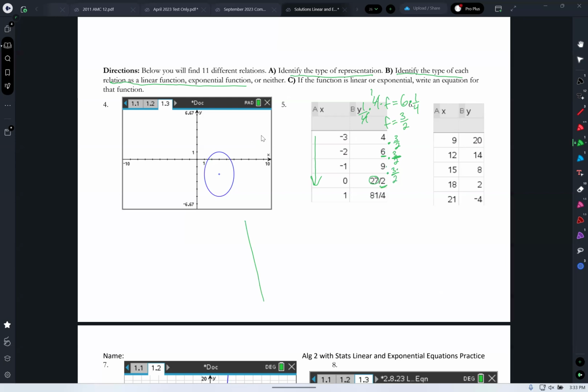And I can see this as well if I were to make a graph. I'm going to scale the y-axis by 2s because I don't have a ton of space.